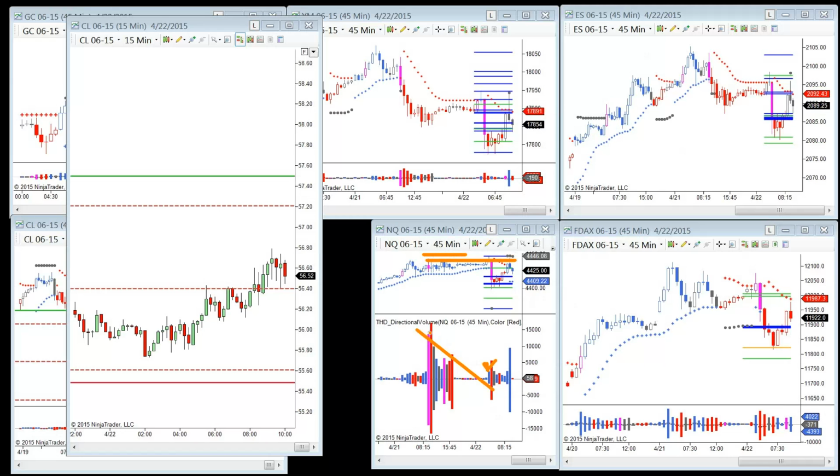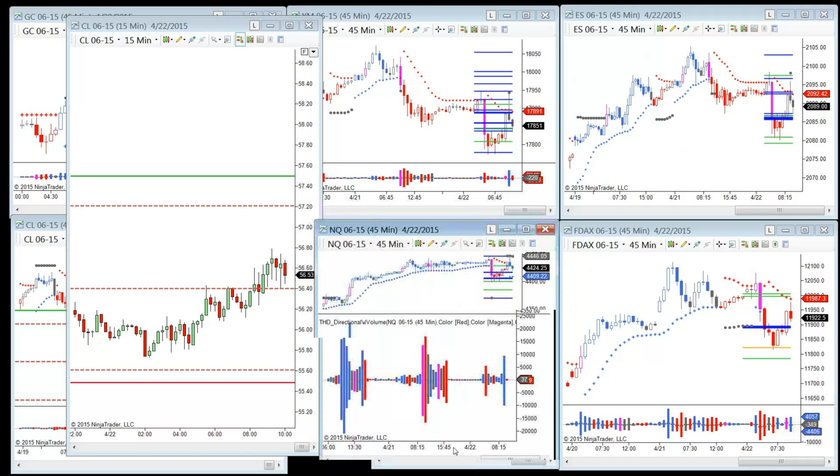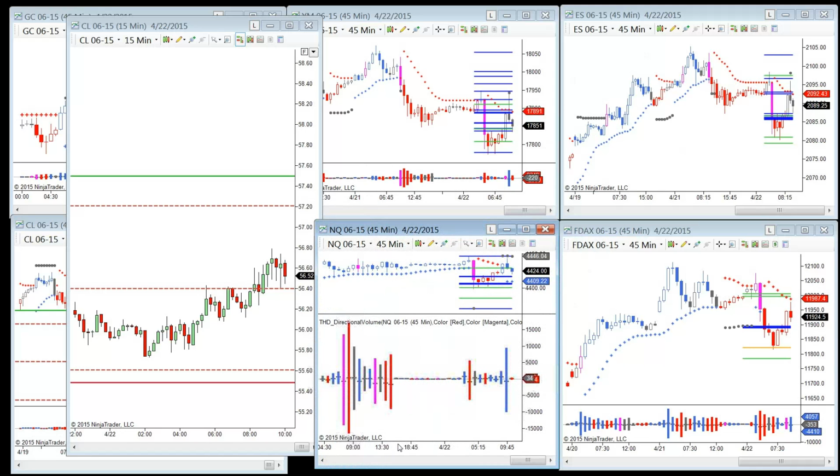But there was absolutely no buying coming in. Now, this is one that a lot of people say, well, you can't use that because it's not the same, because this was London and this was the U.S. Well, guess what? It worked, didn't it? It typically does.